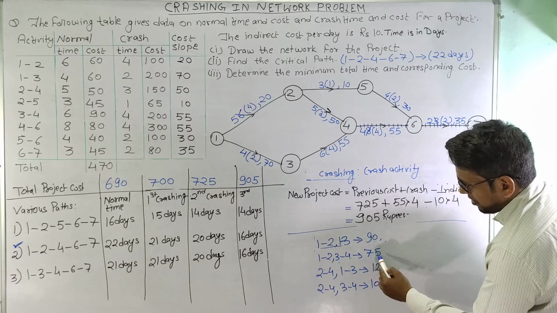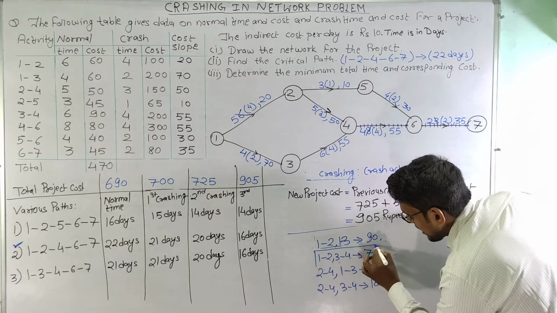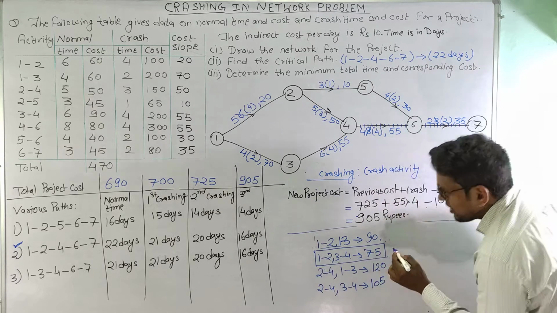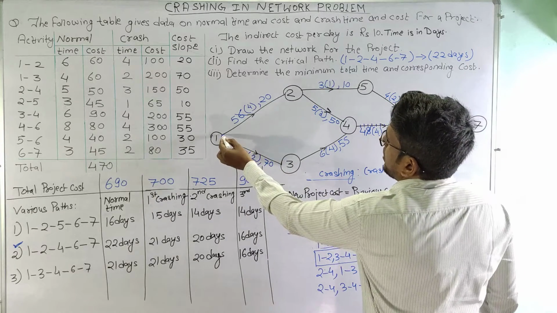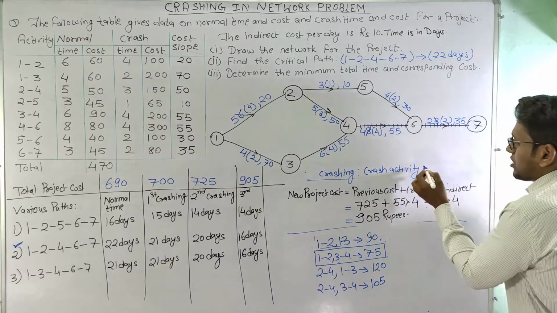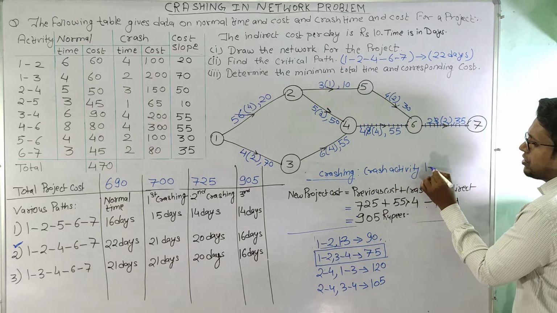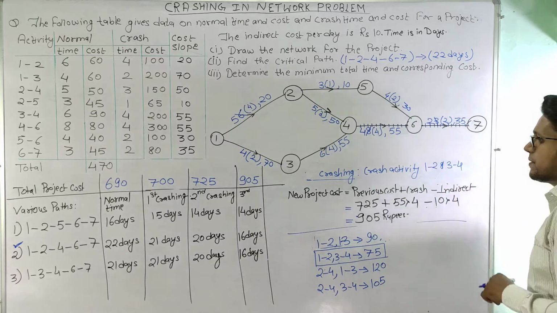The minimum cost is coming here as 75. So we need to crash these two activities together. That means activity 1-2 and 3-4. So we will crash activity 1-2 and 3-4 together.